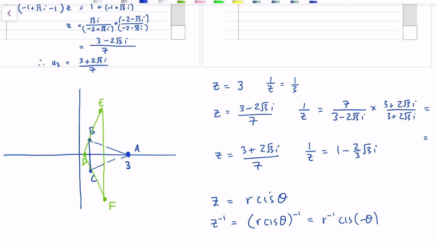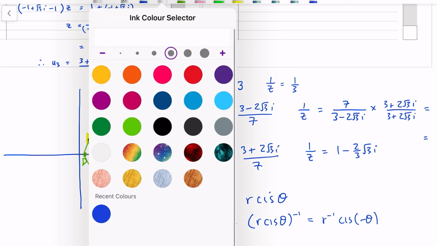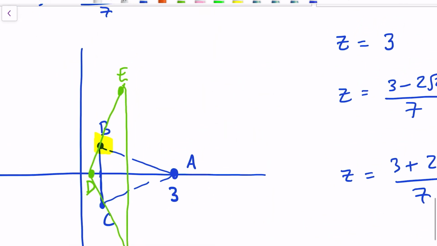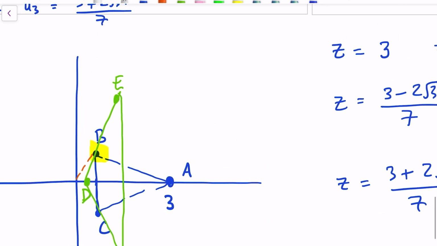And so looking at the diagram there, the complex number b, for example, had an angle of, say, theta. Running out of colours. So b here has some angle theta. When we reciprocate it, all we do is flip it upside down to have an argument of minus theta.